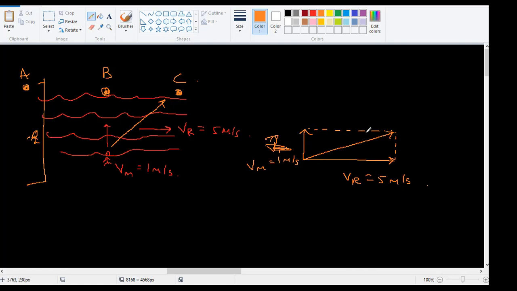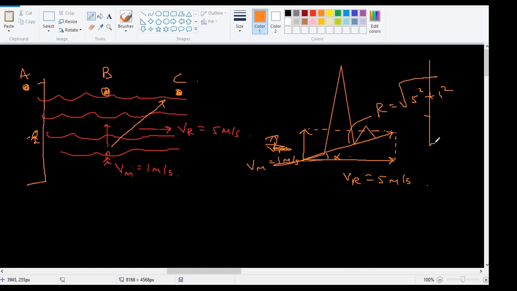So obviously you can do the math yourself. R is equal to square root of 5 squared plus 1 squared. What about the alpha? If this is 1 meter, this is also 1 meter, this is 5.